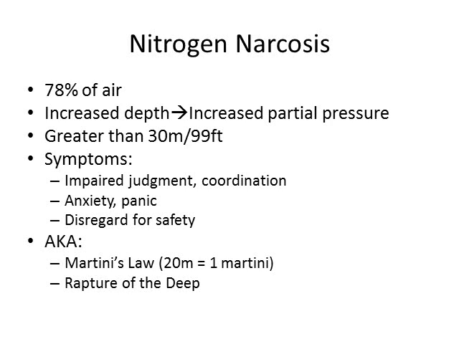When a diver goes to an increased depth, this increases the partial pressure of nitrogen. Generally, when you get greater than 30 meters deep or around 100 feet, the nitrogen will be able to cross the blood-brain barrier and create symptoms of impaired judgment, coordination, anxiety, panic, and a disregard for safety.